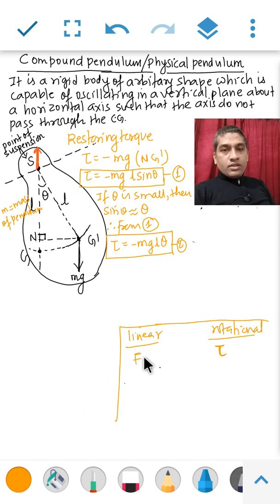For linear motion we use F equals m times a, and for rotational motion we use torque tau equals I times alpha. So we use this equation, tau equals I times alpha.